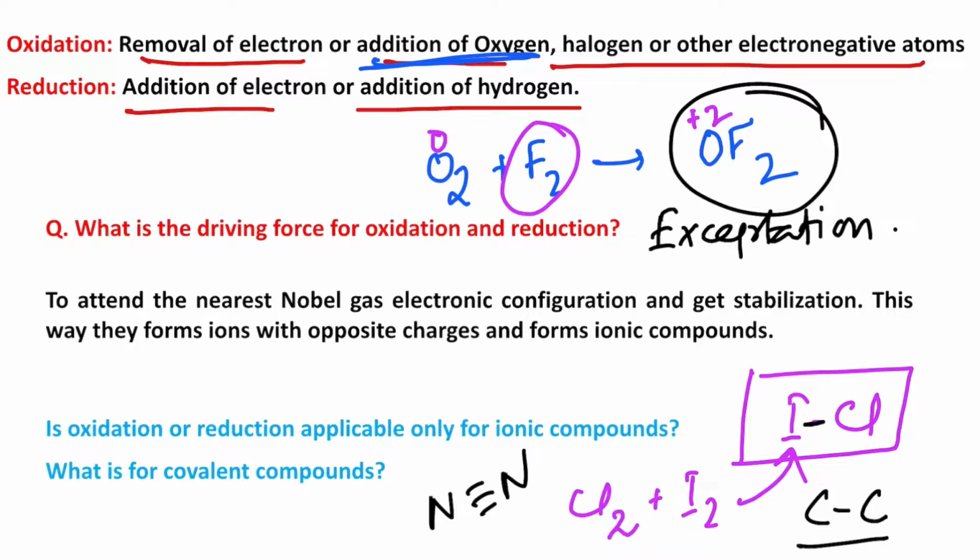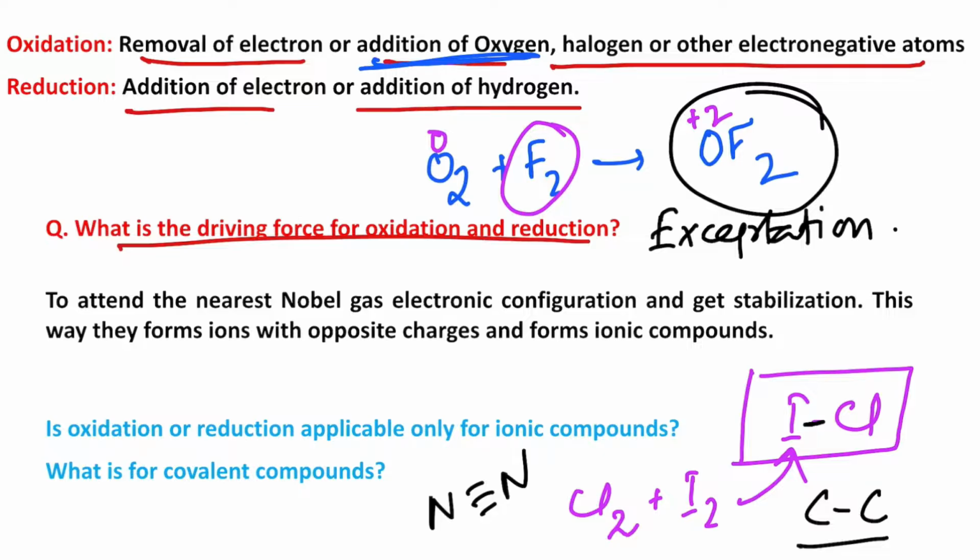We shall come to that. Now, the next question, what is the driving force for this oxidation and reduction? This is to achieve the nearest noble gas electronic configuration, and that is, for example, we say octet fill up, and for hydrogen it is helium, a doublet, 2 electrons. For other transition metals, 18 electrons, there are many things.